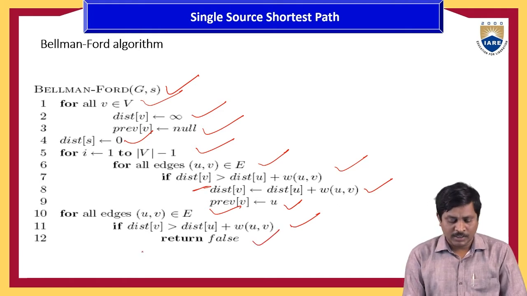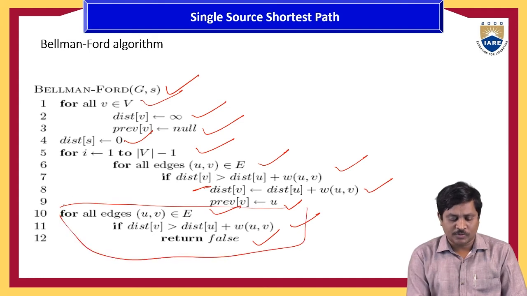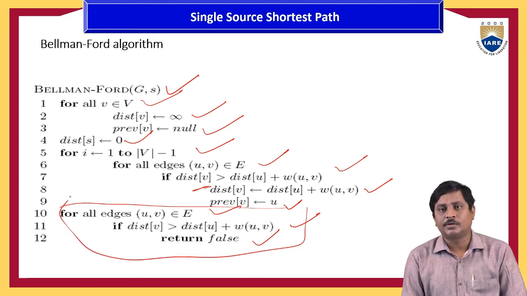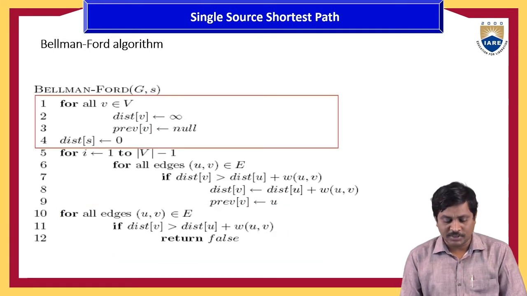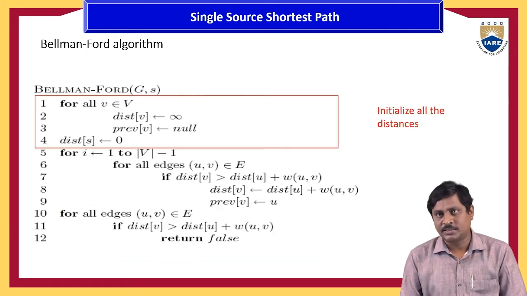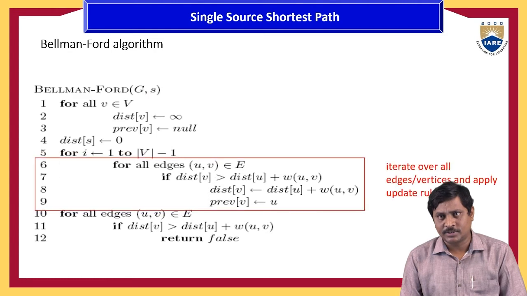Now in this piece of code, we check for negative cycles or negative edges. Here we initialize all the distance values, iterate over all edges or vertices and apply the update function.